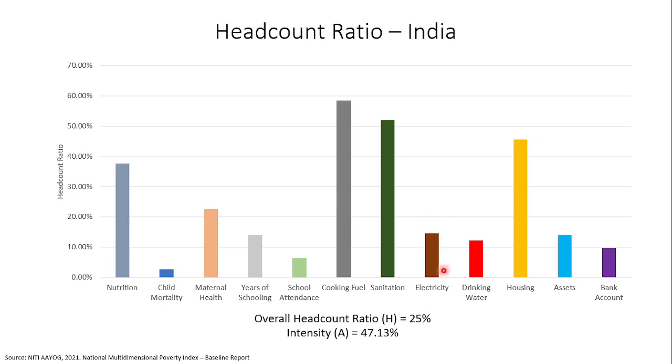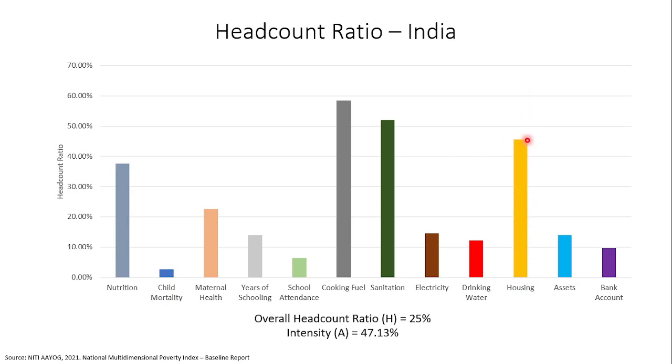We are yet to achieve electrification of households. Once that is done, this number will also come down. So this is around 15%. Drinking water around 12%. Housing, around 45% of the people are multidimensionally poor.